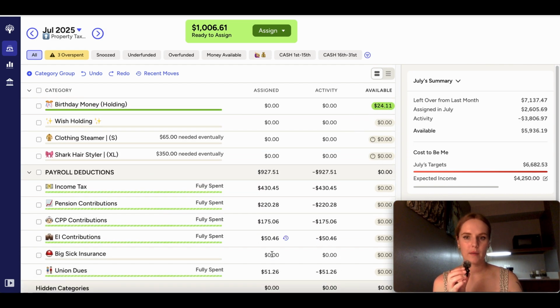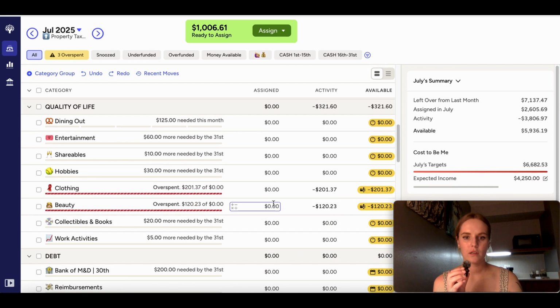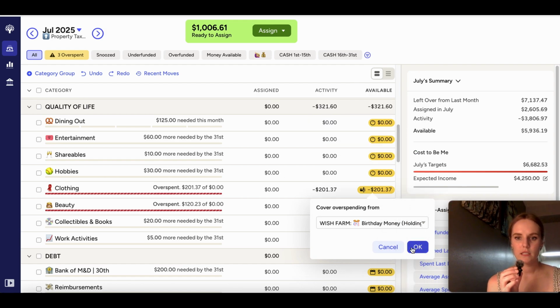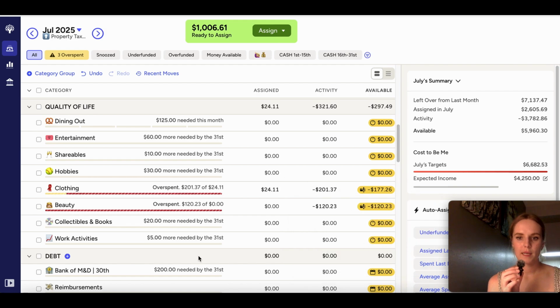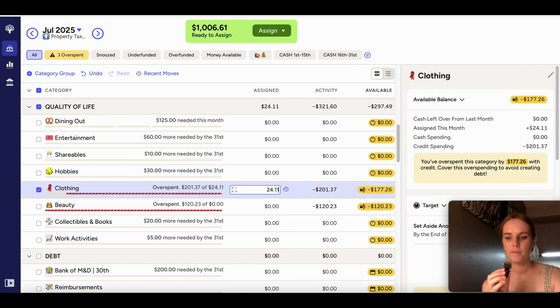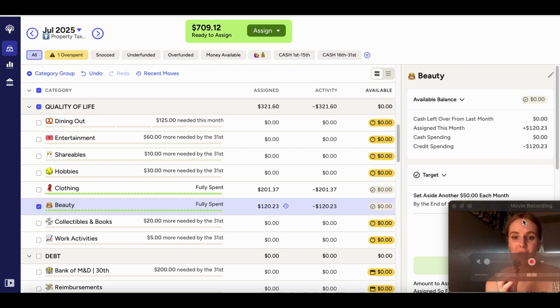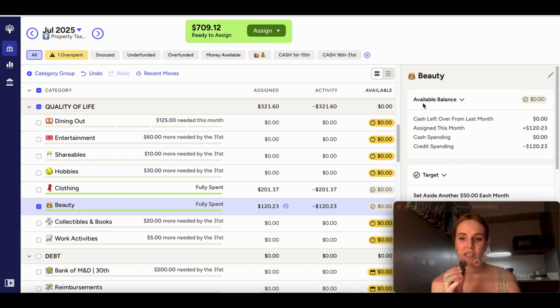Okay. I still have some birthday money, so let's cover some of the clothing with that because it was kind of a treat for myself. Then we can go ahead and cover that there. I'm going to say Caleb Hammer's least favorite phrase.